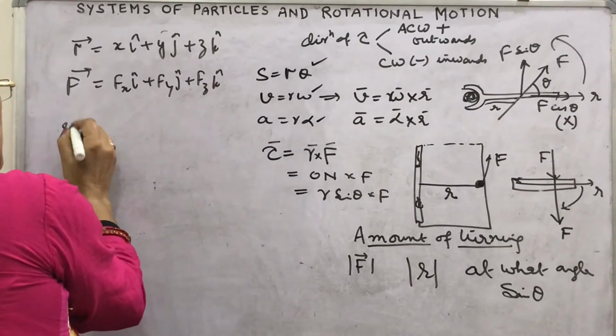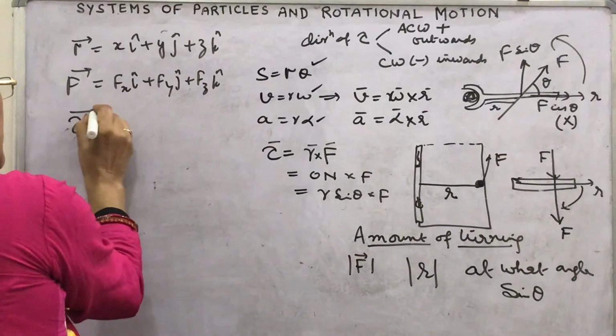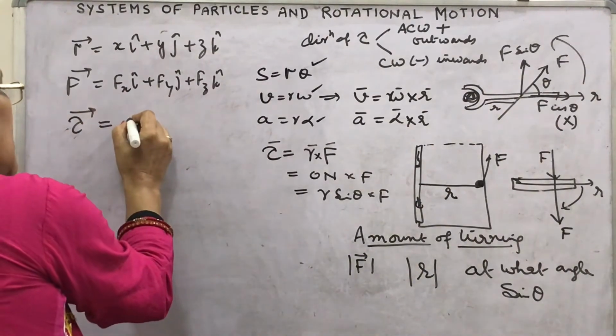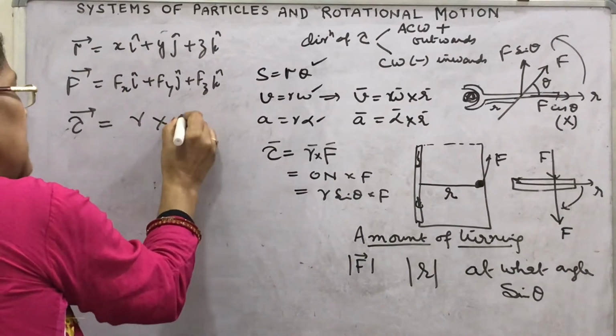Then what will be the torque? How will you find the relation for torque? Simple, cross product, r cross F.